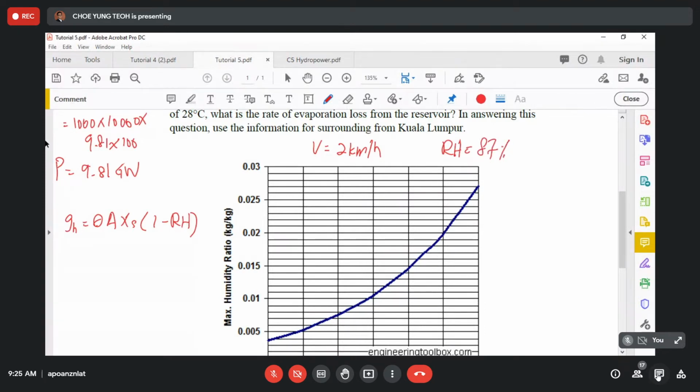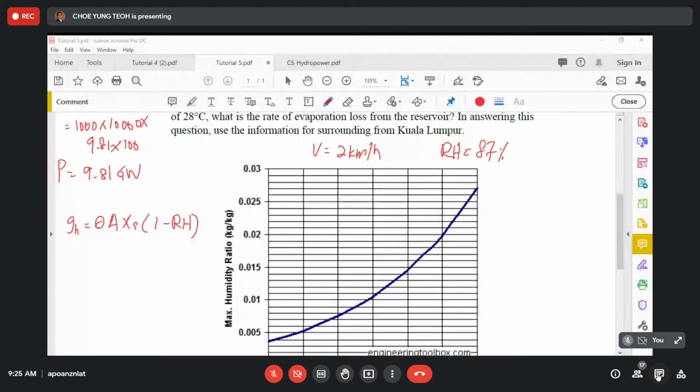You can just Google, and the first result will be the temperature and the weather of Kuala Lumpur. So you can see that there is a humidity of 87%. Malaysia always has very high humidity.